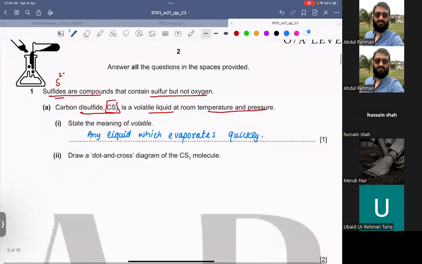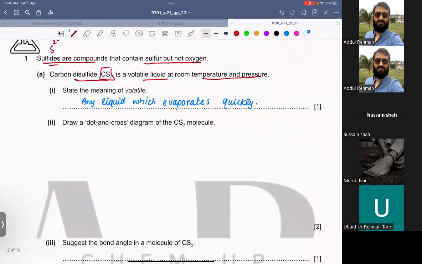Then they are asking, draw a dot and cross diagram of CS2. So if you look at carbon, carbon is in group 14. And if you look at sulfur, it's in group 16. So 4 valence electrons and 6 valence electrons. Carbon needs 4 more. So what would carbon do?